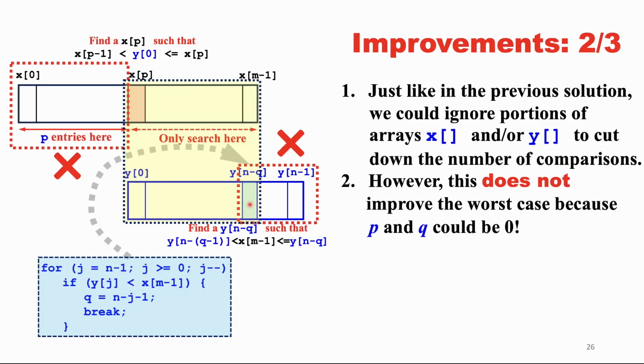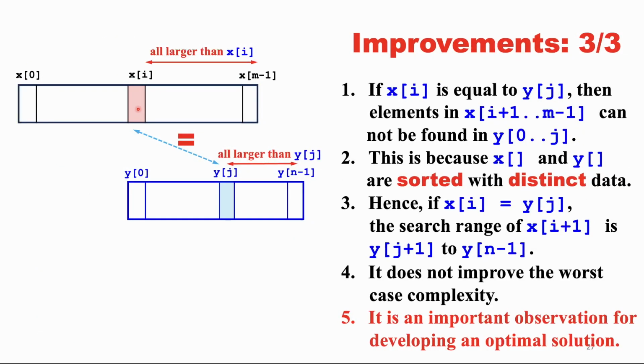But that does not improve the worst case, because p and q could be 0. Then, if we know xi is equal to yj, then all elements from yj plus 1 to ym minus 1 are larger than xi. So we simply skip the xi and move on to the next one.